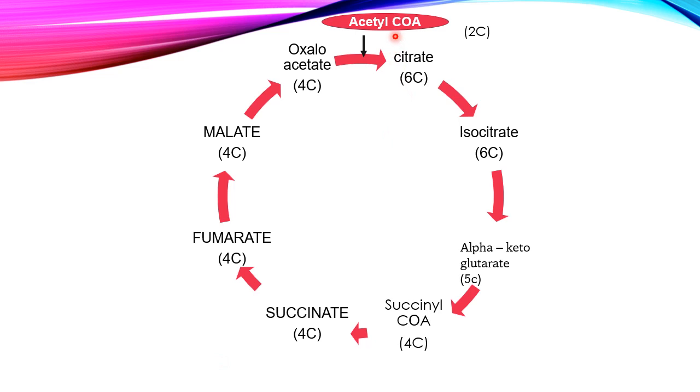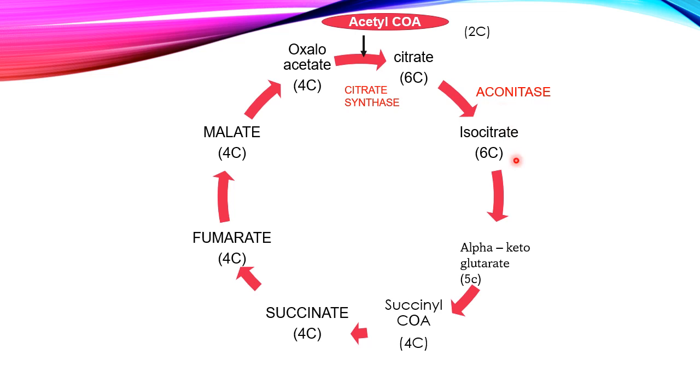In this cycle, acetyl-CoA, before it enters the citric acid cycle, gets cleaved and the coenzyme CoA is released. Acetyl-CoA combines with oxaloacetate in the presence of the enzyme citrate synthase to form citrate. The citrate is converted into its isomer isocitrate with the help of the enzyme aconitase.